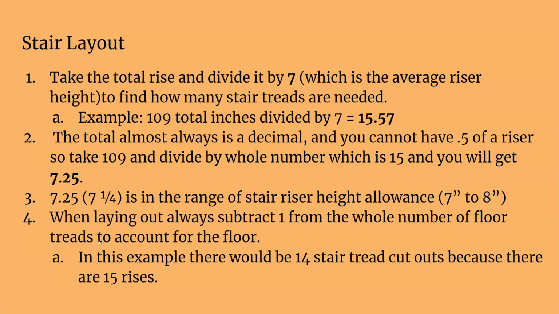And then you want to subtract 1 step from the whole number, and that'll get you how many steps you'll have in total. So instead of having 15 steps, how many you step off is actually just 14, because the last step is the top of your landing.